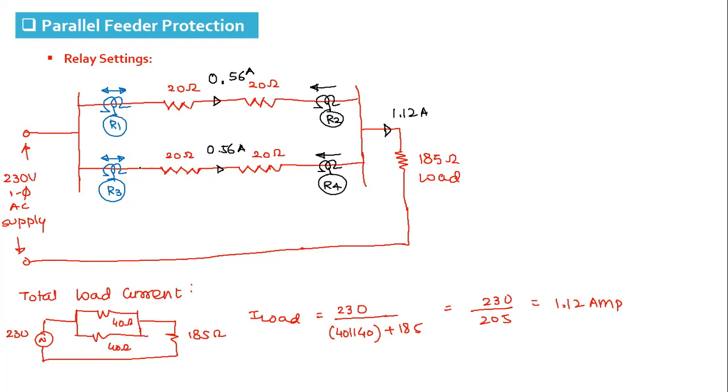But suppose we have a fault and one of the lines is tripped, what will happen? The total load will be transferred on line 1, because they are connected in parallel. One of the lines trips and the total load is transferred on line 1. In that case, if you have calculated the pickup using only half current, relay R1 will also trip, and the parallel feeder will not serve the purpose.